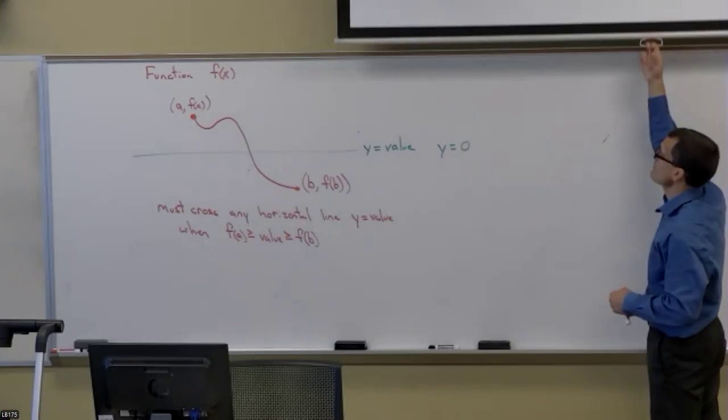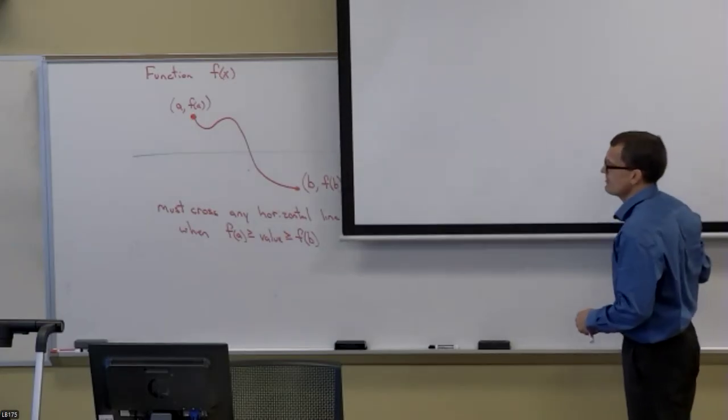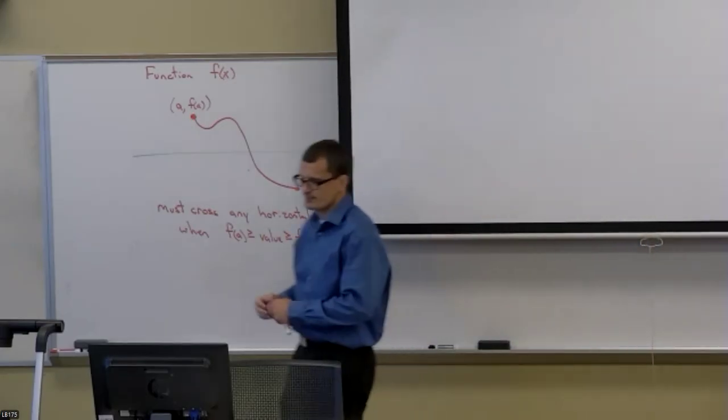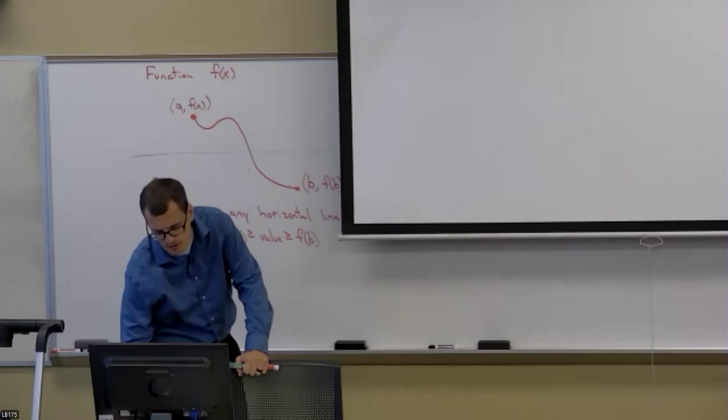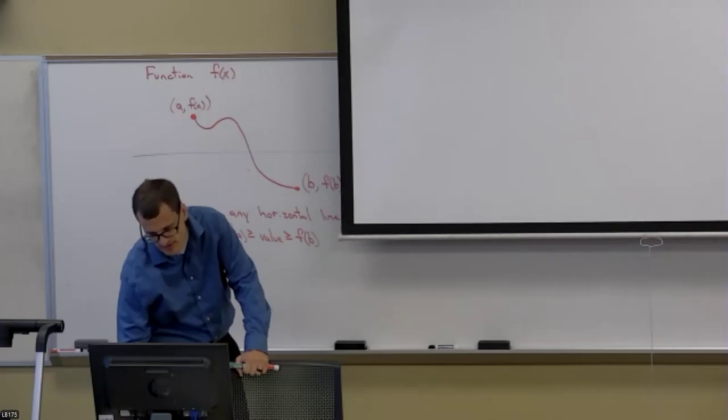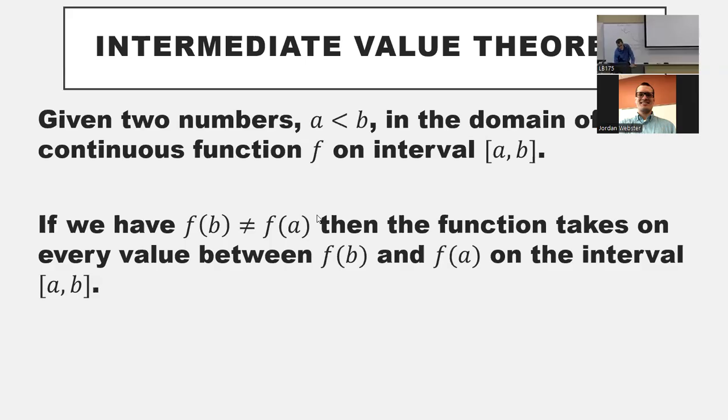So that's it. We're just going to look for 2 places where one output is positive, one output is negative, and I'm going to know that we cross the x-axis, right?